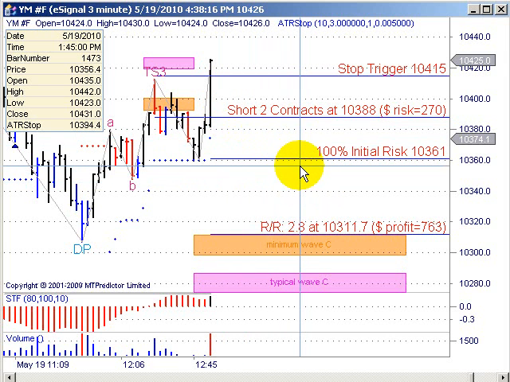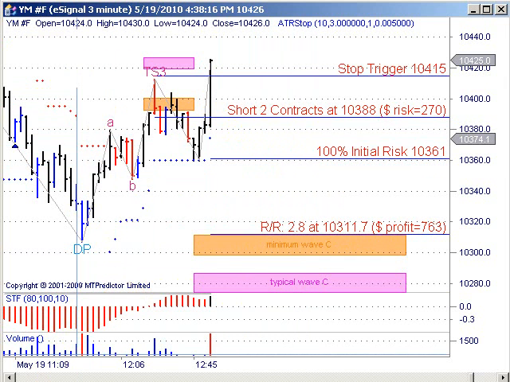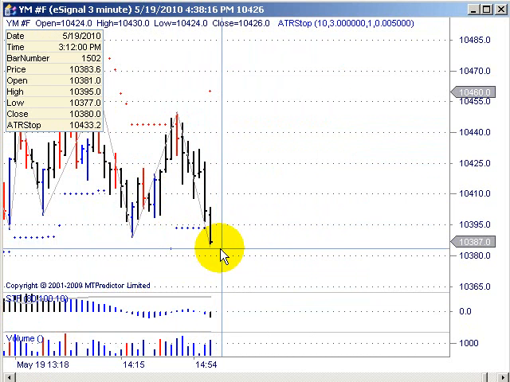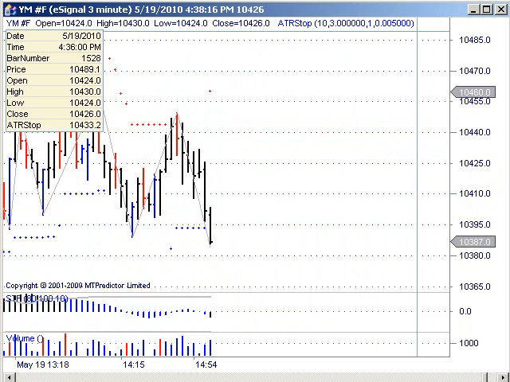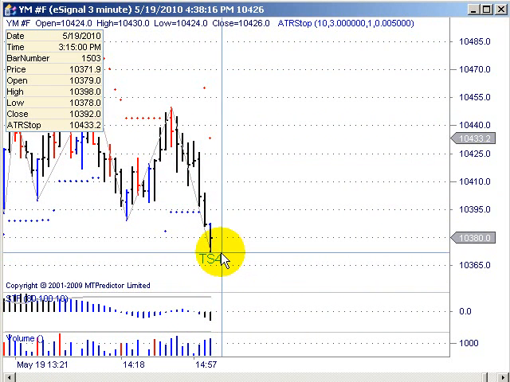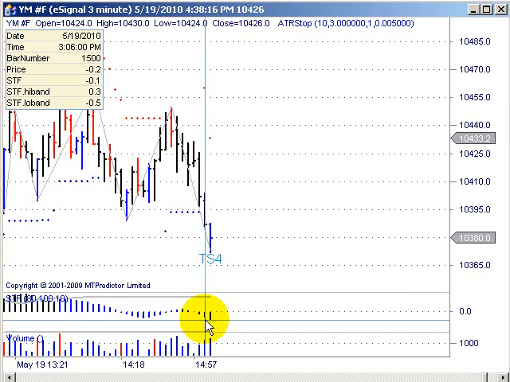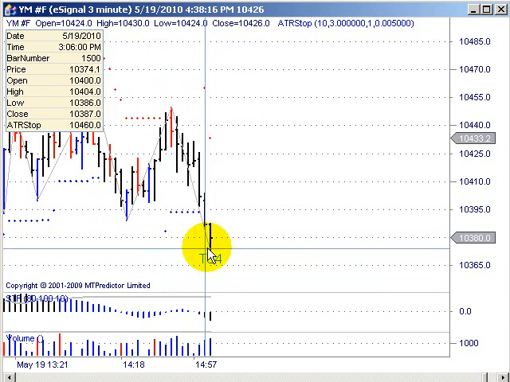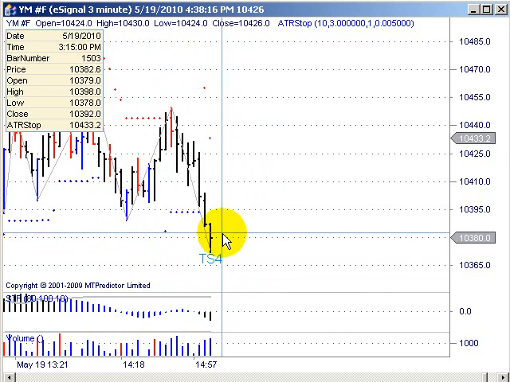But let's just take a look now later in the day at another setup. Okay, now later in the day, let me just step this forward. We get another setup, an automatic TS4 setup. Again, this is the trend is gone. It was long, it's gone neutral here, but we're still clear to take a long signal or a short signal if one sets up.